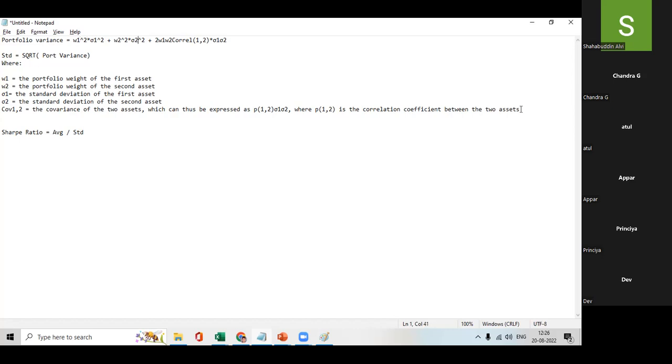If you can get this correl as a negative number, everything will reduce, so your standard deviation will reduce. So that's the whole funda of choosing negatively correlated assets.